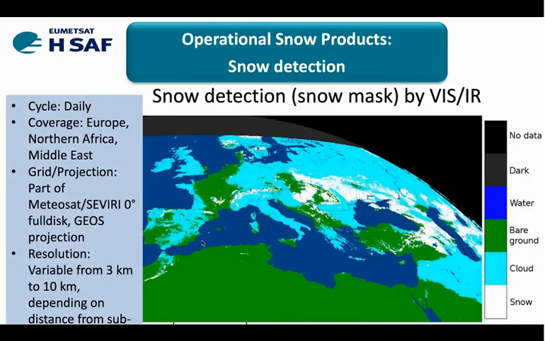Snow products are another category, and we have different products that can be used to estimate snow over land. The first one, of course, is a snow detection product. It can provide information on the presence of snow in a pixel, and unfortunately, using MSG data and SEVIRI data, we can have information about the snow only in cloud-free pixels and zones.